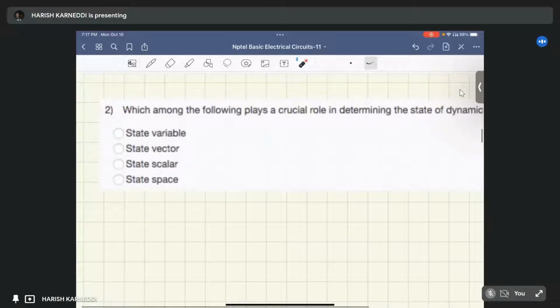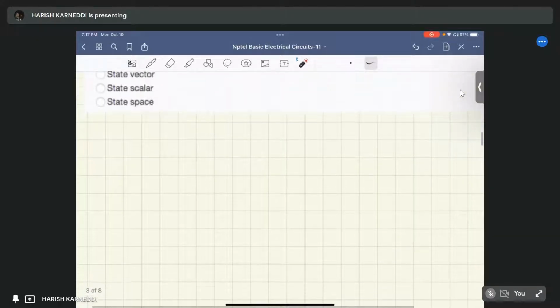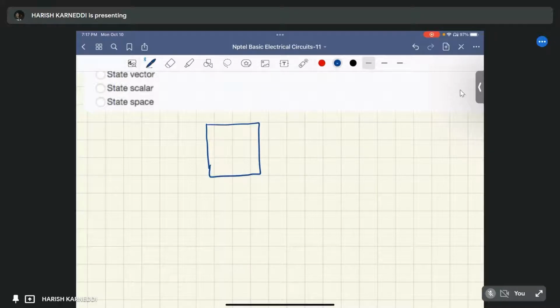Coming to the next question: which among the following plays a crucial role in determining the state of the dynamic system? Usually in a system there are input variables, output variables, and state variables.